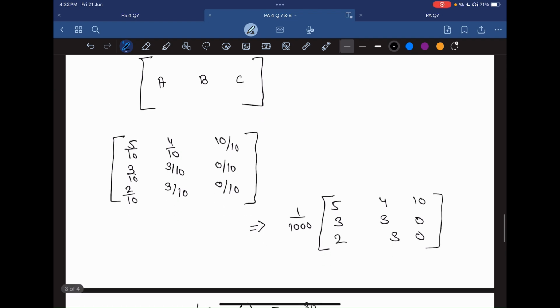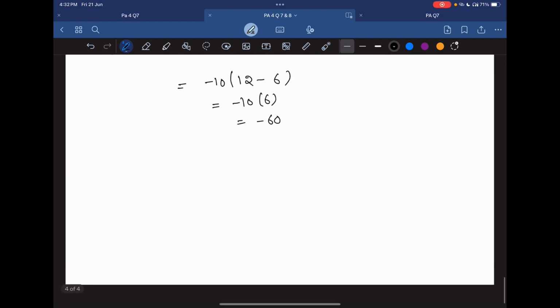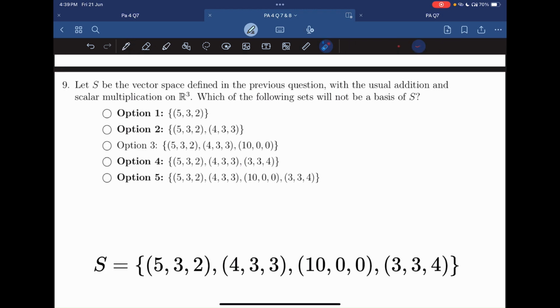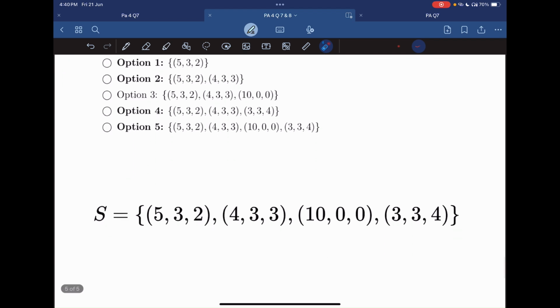Now let's solve question number 9. Let S be a vector space defined in the previous question with usual addition and scalar multiplication on R3. Which of the following set will not be a basis for S? So S in the previous question was defined as the spanning set for all the 4 row vectors.